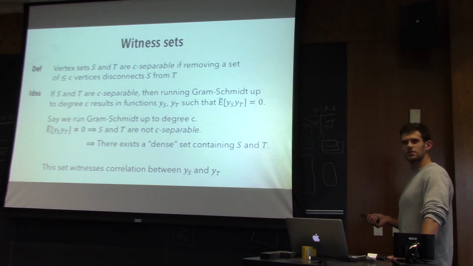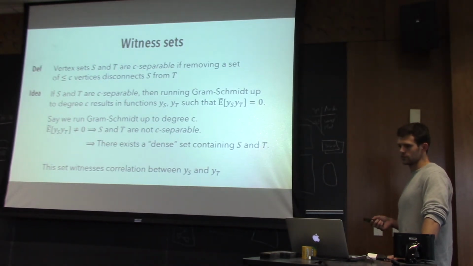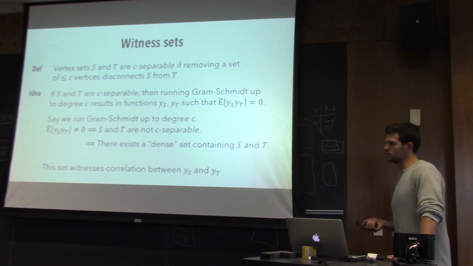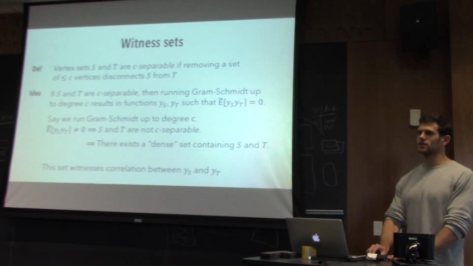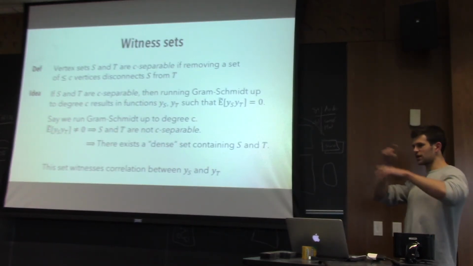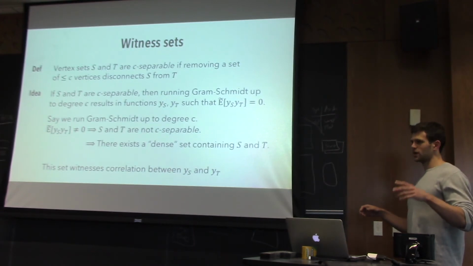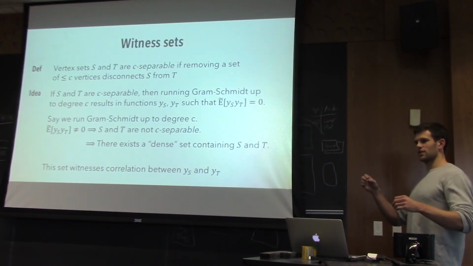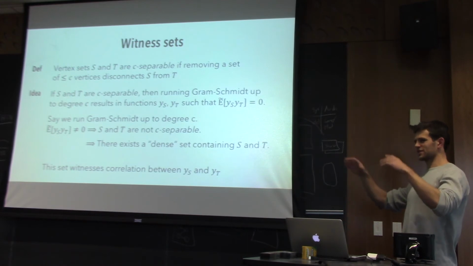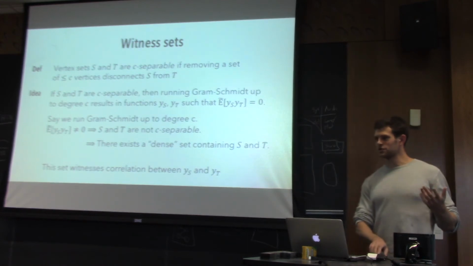Does that make sense? Any questions about the high-level idea there? Yes. Sorry, why does high expansion mean that things aren't C separable? I didn't really say that formally. You can imagine that if you have 2 sets of variables and a lot of different paths between them, then that means you have a lot of constraints involved in connecting them on maybe not too big a set of variables.